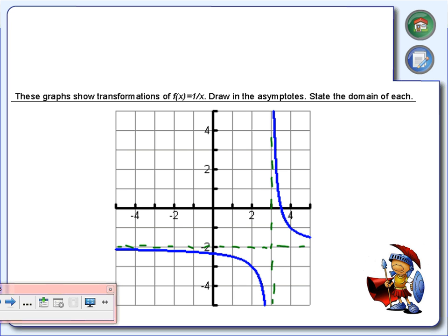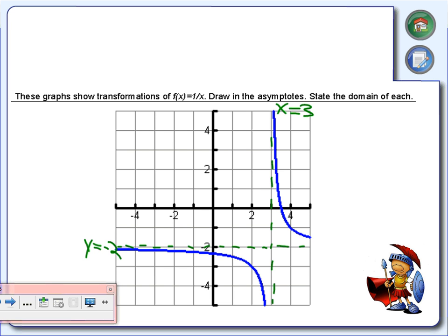We're looking at this one right here. What's the equation of that line? All right, very good. y equals -2. All we need is the vertical one now. And the equation for that one is x equals 3. You got it. Perfect.